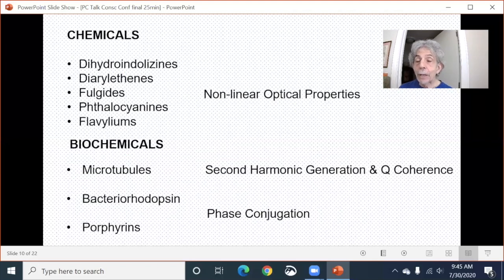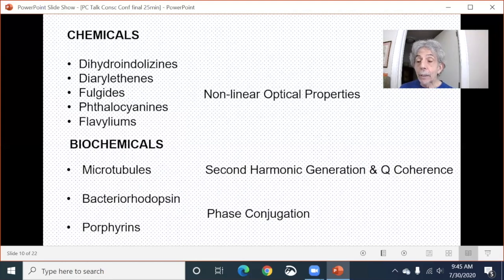In fact, phase conjugation mirrors exist in lots of different chemicals. Well, not exactly phase conjugation, but at least nonlinear optical properties. All these 5 chemicals listed in the far left here, I can barely pronounce, exhibit nonlinear optical properties. So that's a good start, not quite phase conjugation.